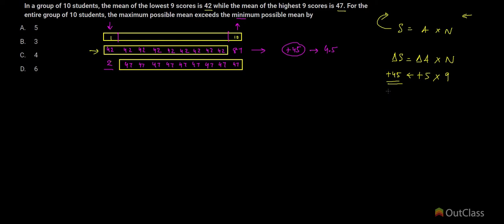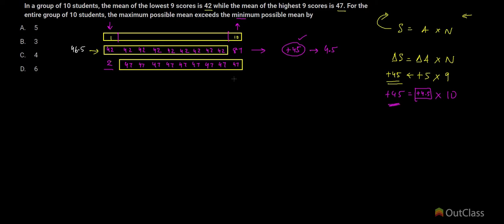So essentially plus 45 is equal to the change in average into 10 people. 10 people all having 42 would give you an average of 42, but when one of those observations is increased by 45, the sum increased by 45 and the average increases by 4.5. So then this extreme case is 4.5 more than 42, so that's going to be 46.5.